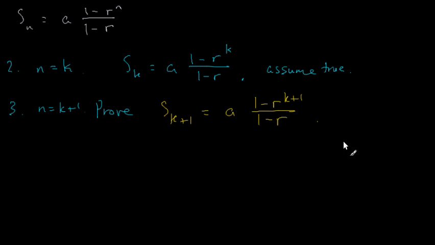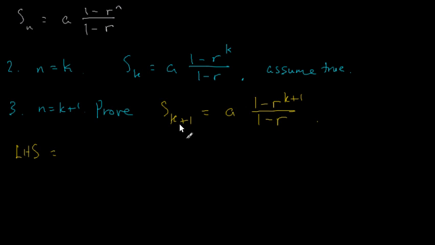So in order to do this, we can try starting from the left hand side or the right hand side. Okay, let me try starting from the left hand side. So the left hand side is S of k plus 1. Now S of k plus 1 is the sum of k plus 1 terms.